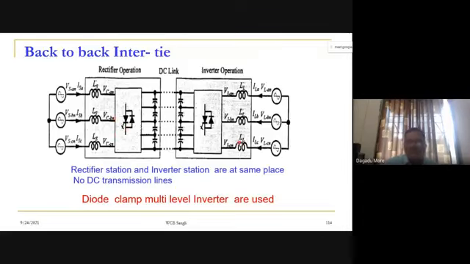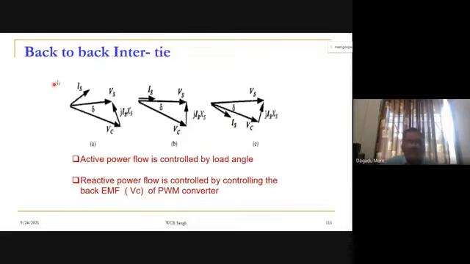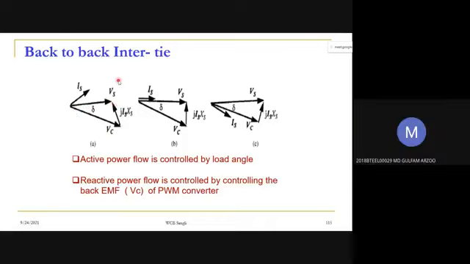Now if you see here, this is the first case. VS is leading VC by an angle of delta. So is power flowing from VC to VS or VS to VC?